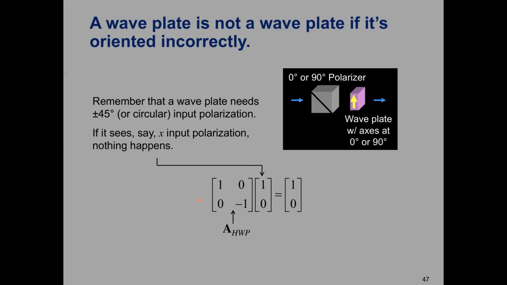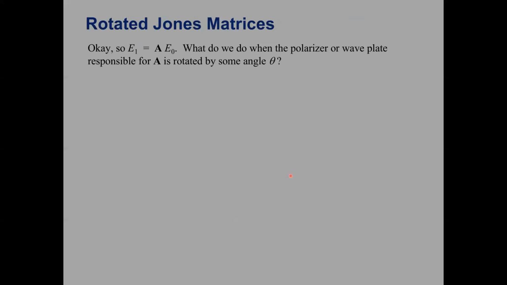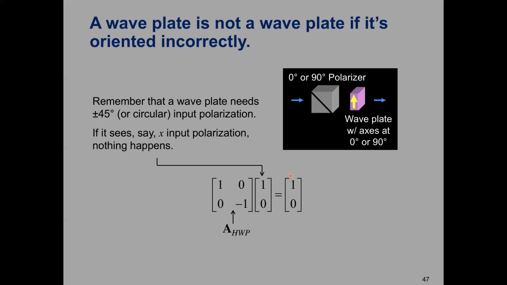Wave plates only work if we have 45-degree polarization. So we could check that here, multiplying out this matrix for the half wave plate. 1 times 1 gives us a 1 plus 0, and the bottom component gives us 0. So the polarization vector, the Jones vector, is not changed at all. And we could show that this works for the Y component as well.